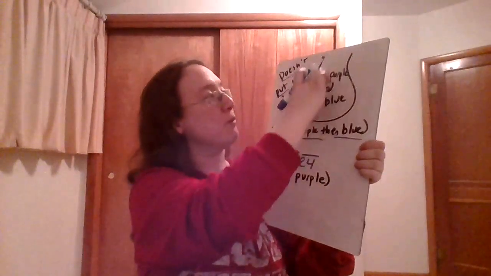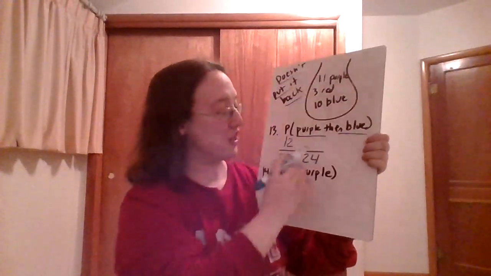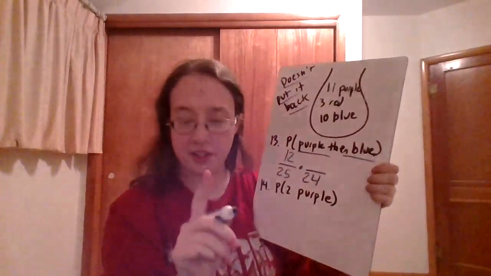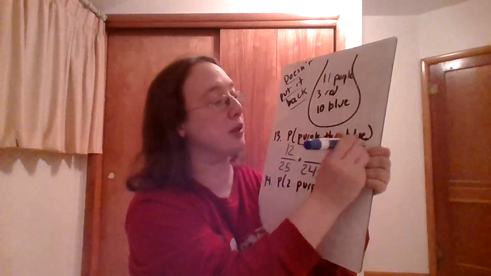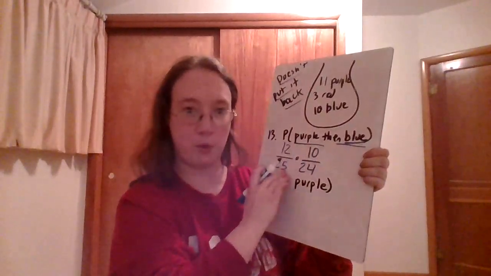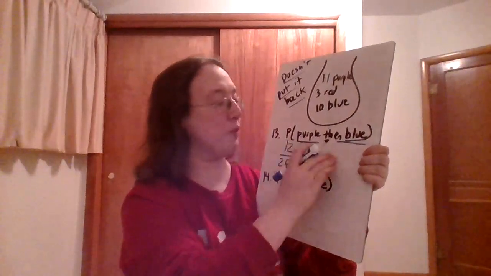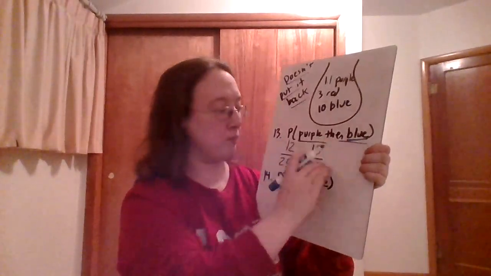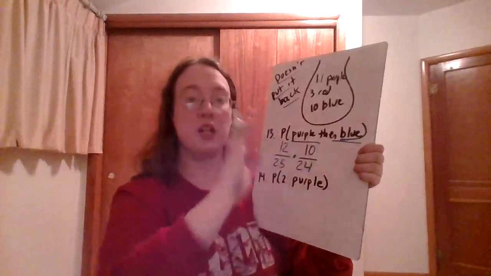So we took out a purple one. That changes our total number of things. What it doesn't change is our number of blue marbles. So we've still got 10 blue marbles because we picked a purple one first. So we have a purple one here, blue one here. That doesn't change our number. The number of blue marbles does change our total.